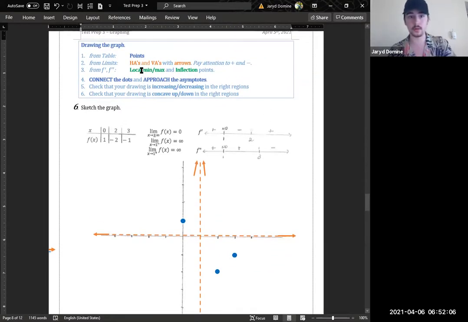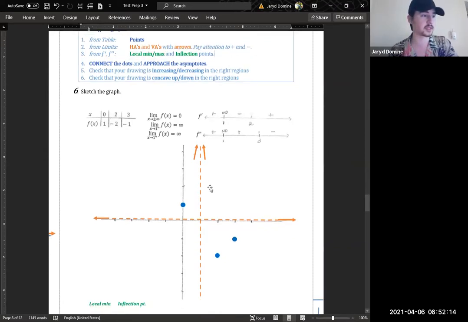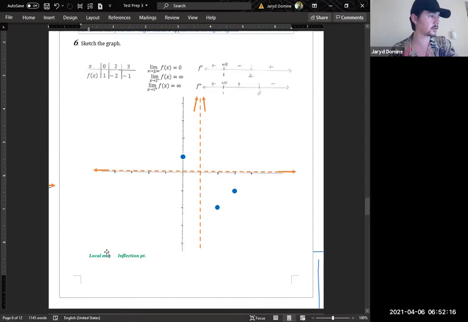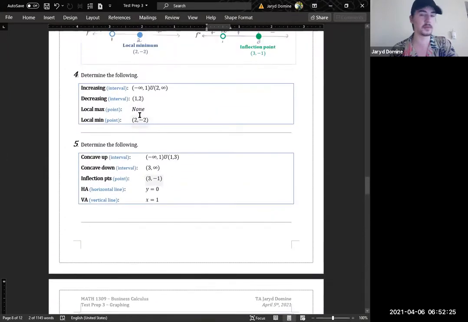Oh, one last thing. From these sign charts, this is going to help us. We have a local min and max and inflection points. So let me just label those real quick. Like we had before, we found out that this point is a local minimum. So (2, -2), what we had before, is a local minimum.